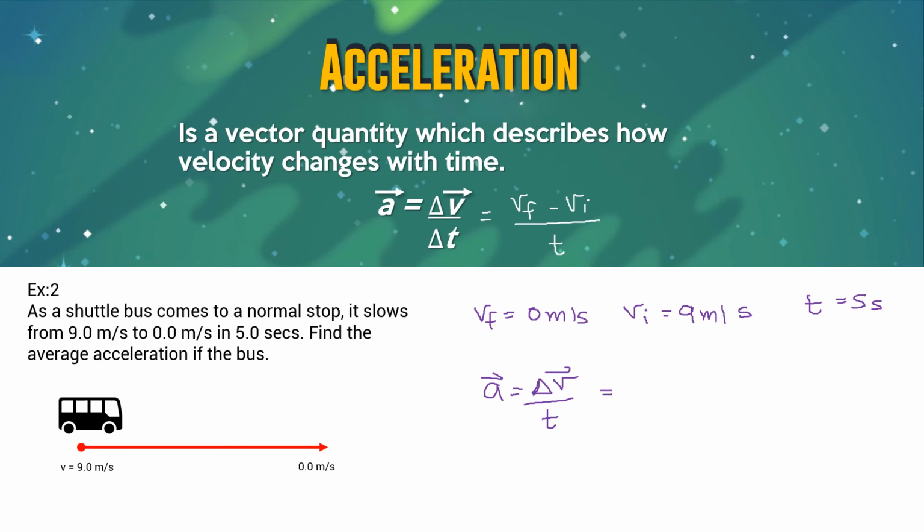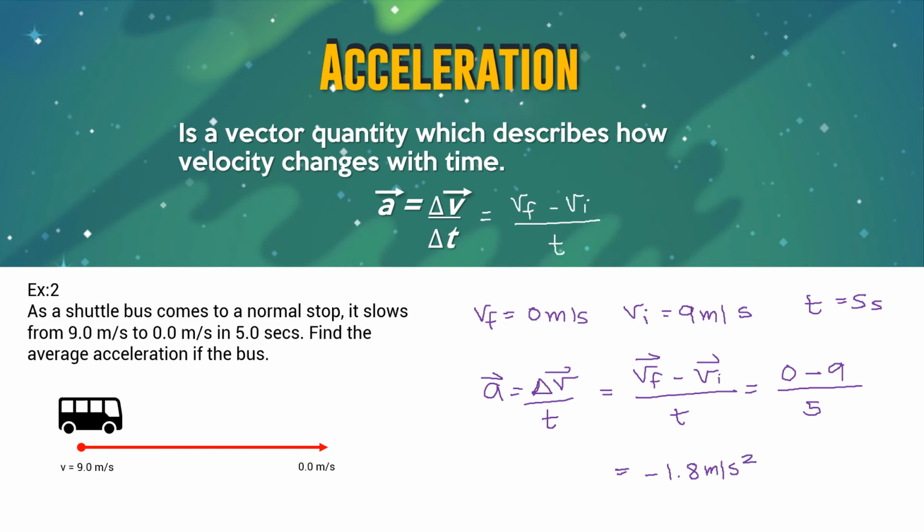Let's substitute: Vf minus Vi over t. Our final velocity is 0 meters per second minus our initial velocity, which is 9 meters per second, over the time it took for that to happen, and that is 5. That will be negative 9 divided by 5, so that would be about negative 1.8 meters per second squared.